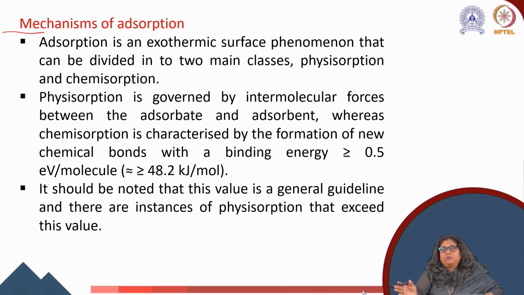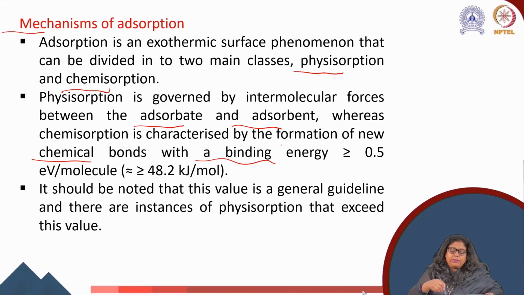So what is the mechanism of adsorption? This is the first question. Adsorption is an exothermic surface phenomenon that can be divided into two main classes. The first one is physisorption and the second is chemisorption. As the name suggests, physisorption is a physical process governed by intermolecular forces between the adsorbate and the adsorbent, whereas chemisorption is characterized by the formation of a new chemical bond with a binding energy greater than or equal to 0.5.